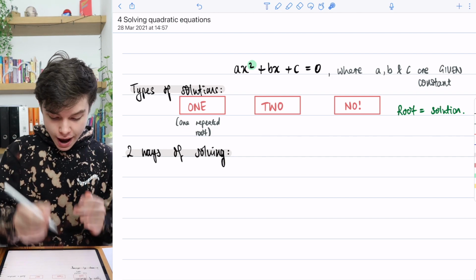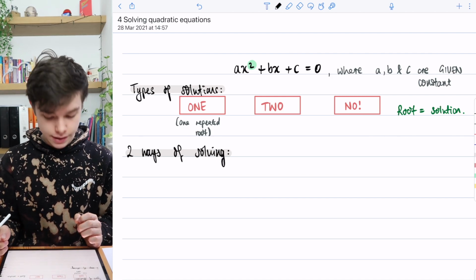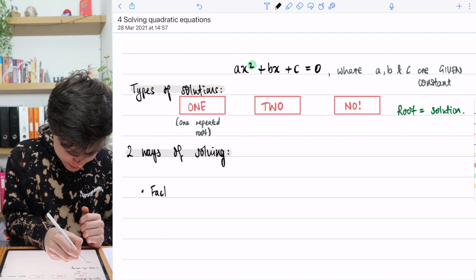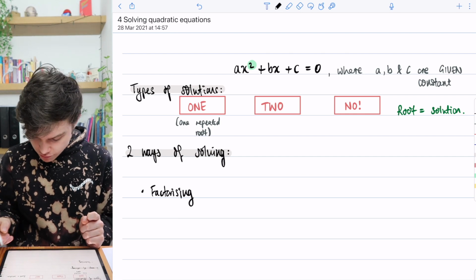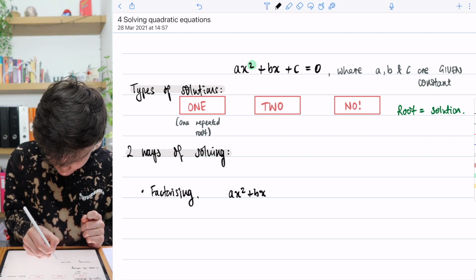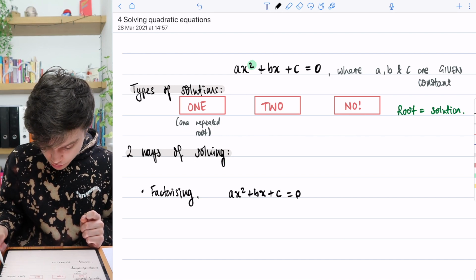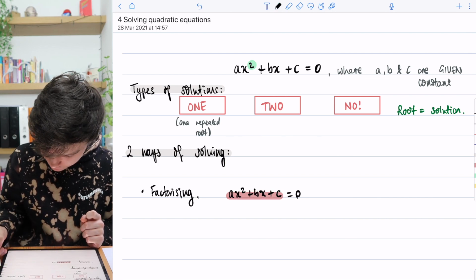Okay, there's two ways in this video that I'm going to go about solving a quadratic equation. The first one is by factorizing. So if we've got the form ax squared plus bx plus c is equal to 0, what we want to do is factorize the quadratic.